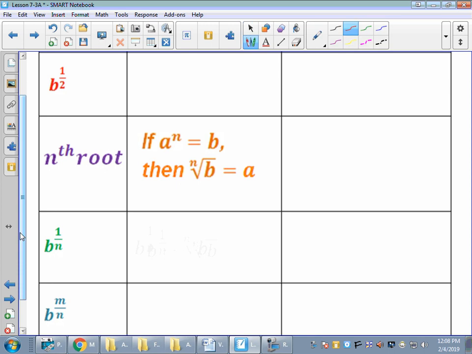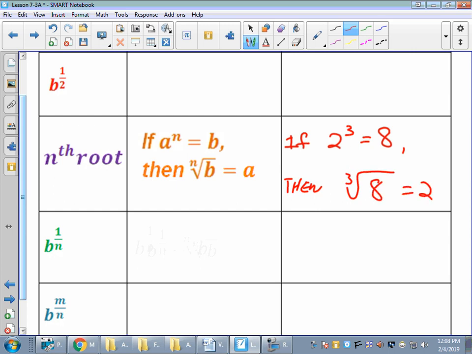So if 2 to the 3rd power equals 8, then the cube root of 8 would equal 2.